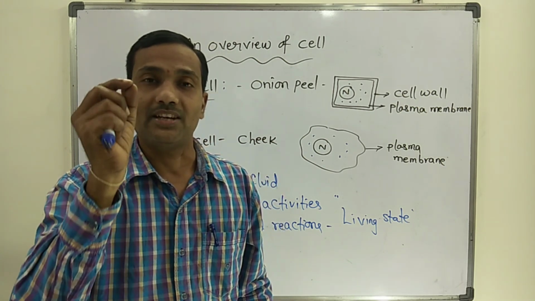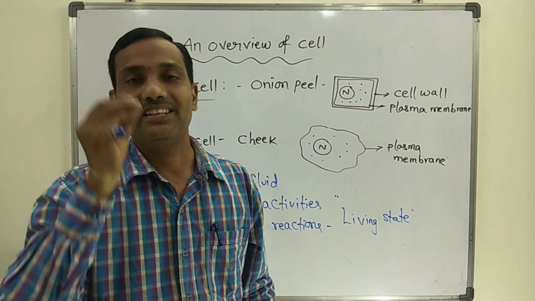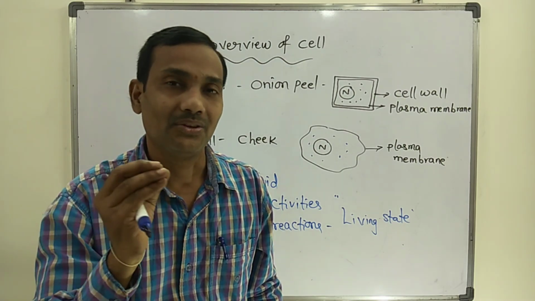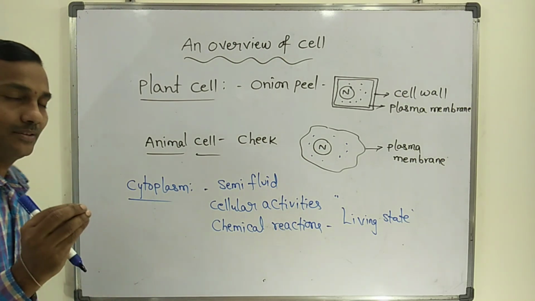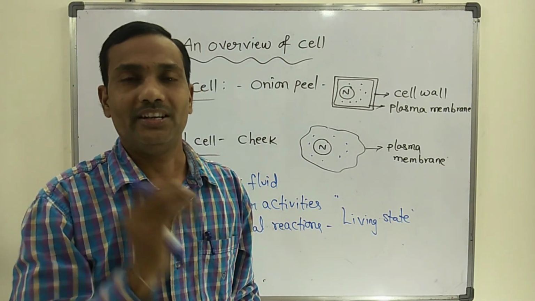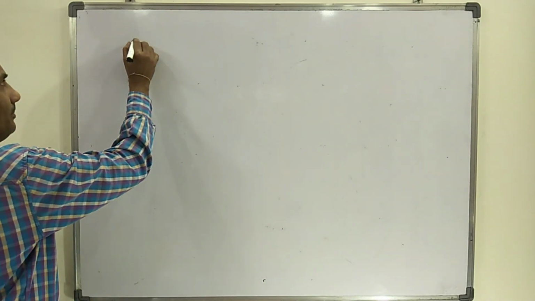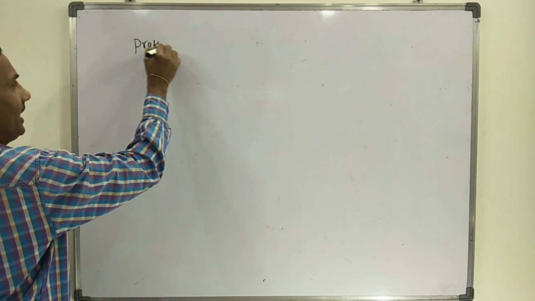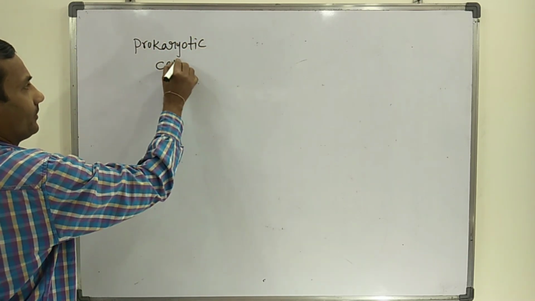Here the cytoplasm also contains various cell organelles in eukaryotic cells. Now I am going to explain the major differences between prokaryotic and eukaryotic cells.